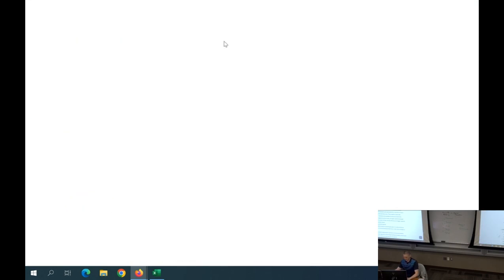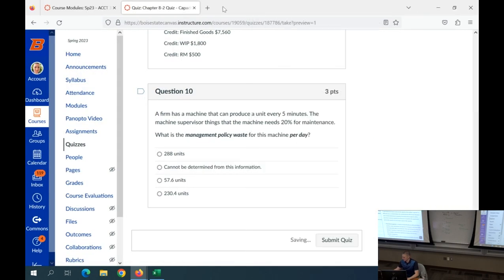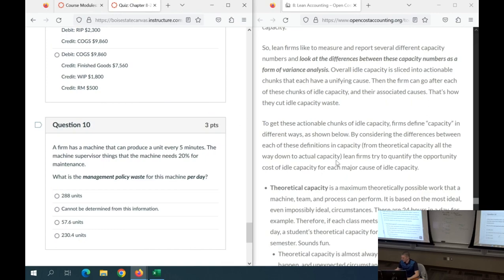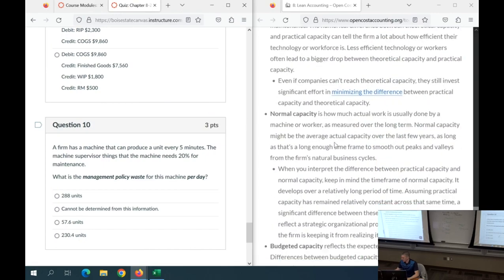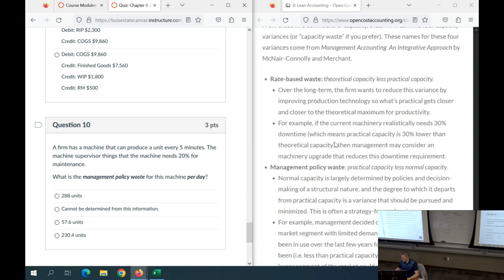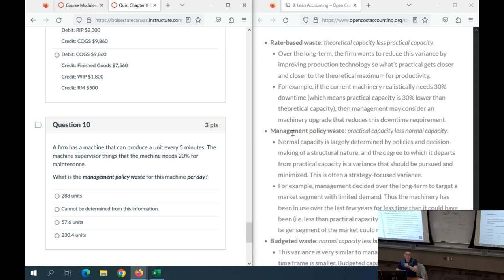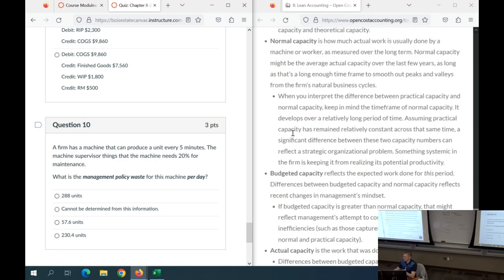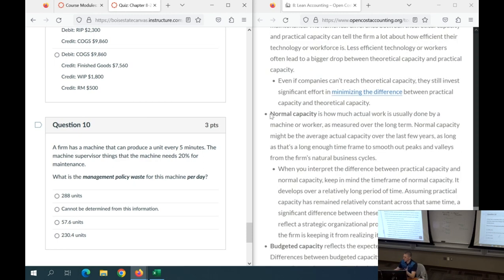Let me get these both instances up here so we can look at the problem and at the definitions. Okay. I like what you're saying. So there's one caveat here. Normal capacity is the work usually done.